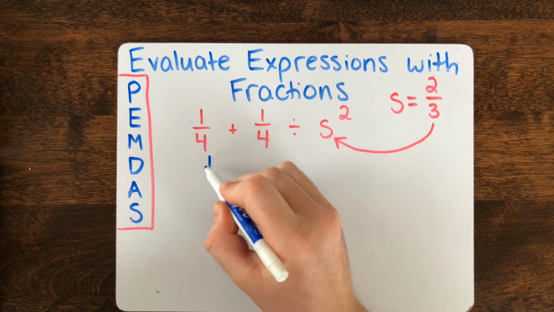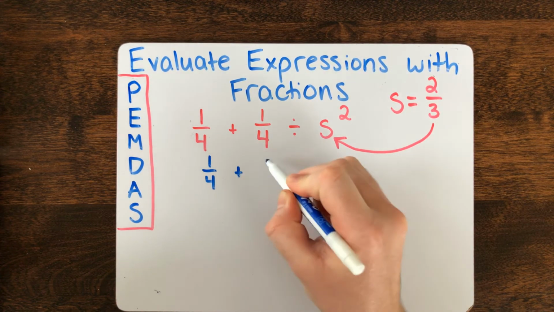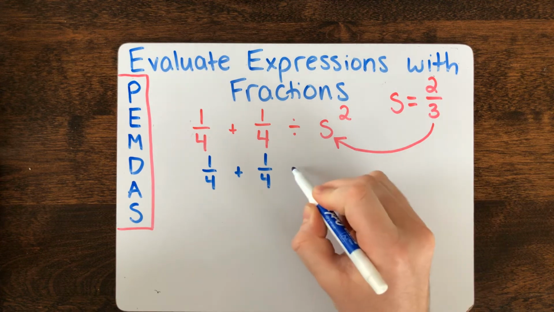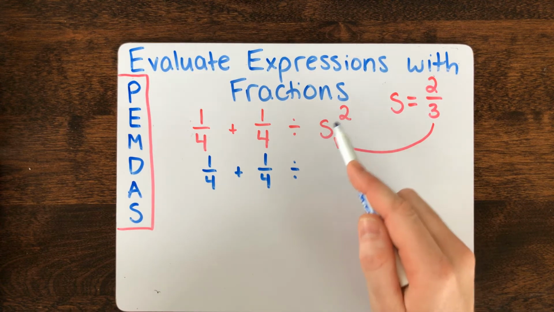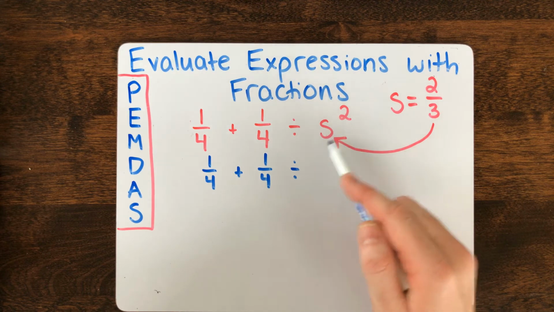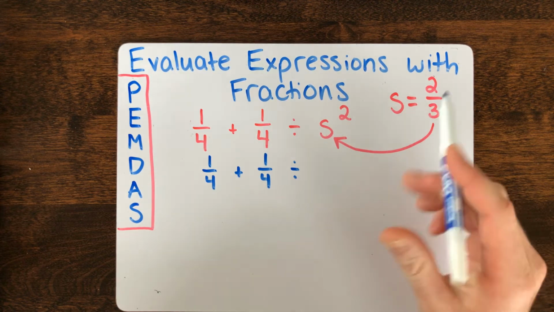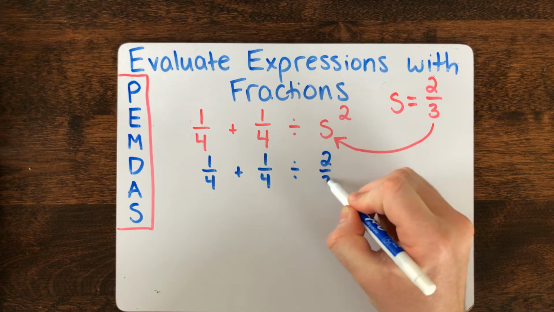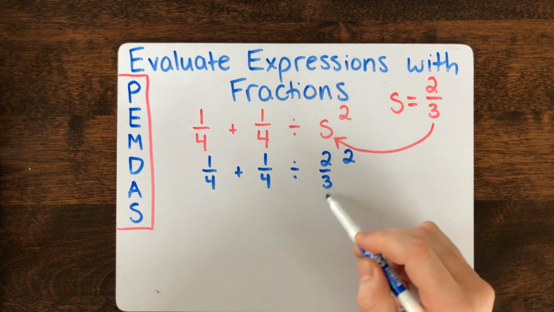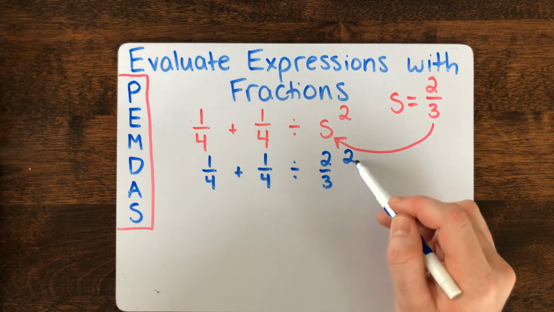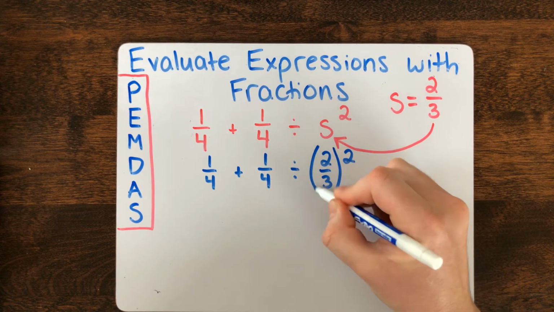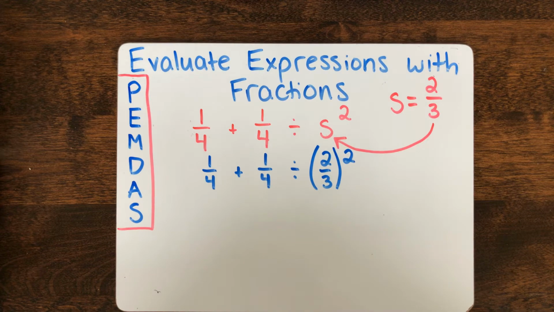We have 1/4 plus 1/4 divided by, and instead of writing S to the power of 2, or S squared, since S equals 2/3, we can just write 2/3 squared. That looks a little crazy, so what I like to do, if we're putting a fraction to a power, is put it in parentheses.